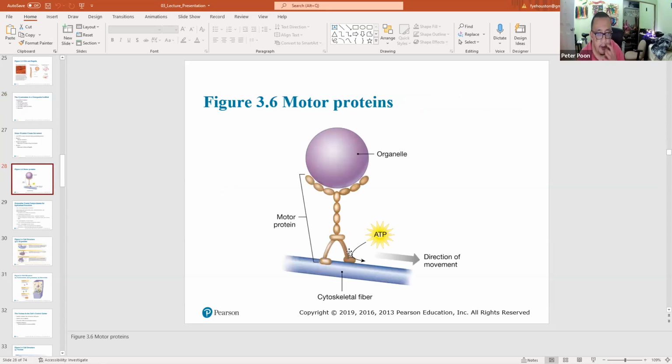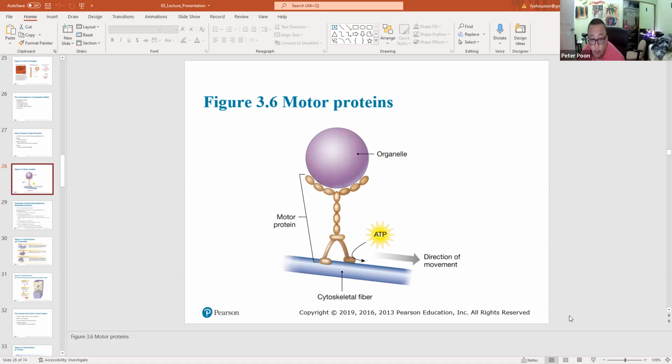You can actually hook an inclusion or organelle onto a motor protein, and it will literally walk down the cytoskeleton. These are the microtubules, and things are actually carried down the cytoskeleton fibers.